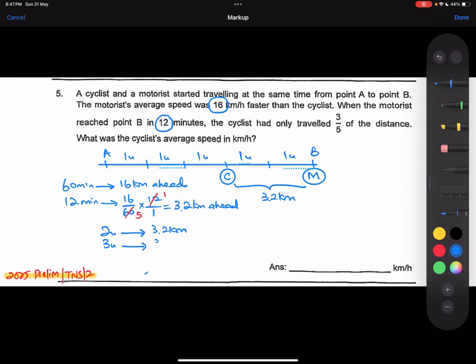So 3.2 divided by 2, times 3, this will give us 4.8 km. So the distance traveled by the cyclist is 4.8 km.